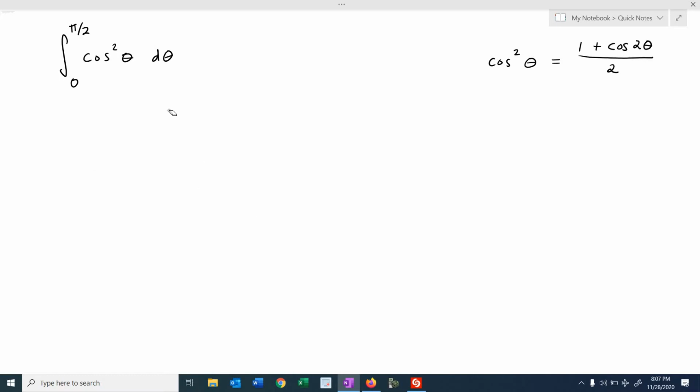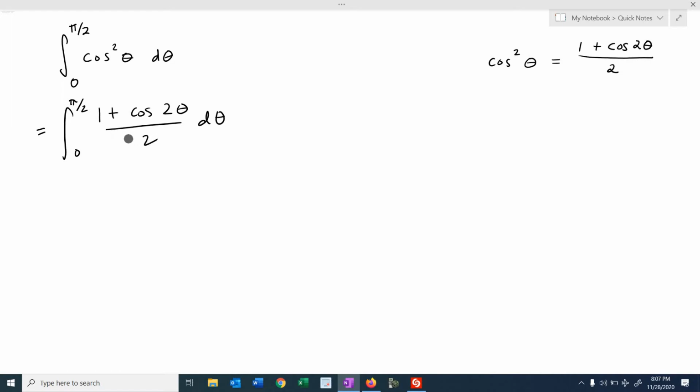Okay, so again, we're going to replace cosine squared of x with this identity. And then we can break this up into two definite integrals. The way we're going to do that is we can break this up into two fractions.